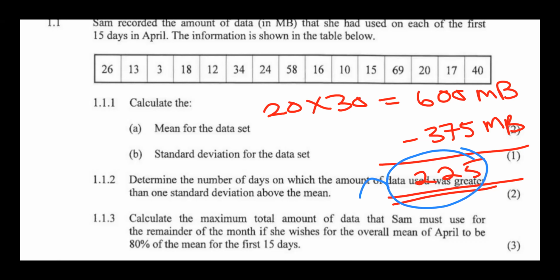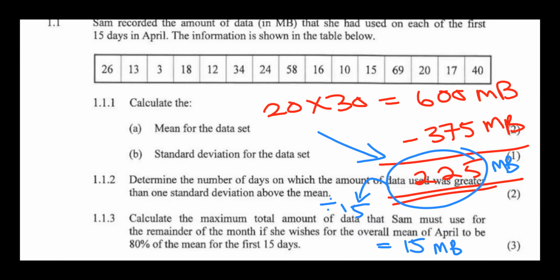This is the remainder that she can now spend. So you can divide that by 15. If you divide that by 15, I think the answer will also be 15, because 225 divided by 15 is also 15. So her maximum mean will be 15 megabytes per day for the remaining 15 days. Okay, but I don't think they asked us for this mean. They asked us for the maximum total. So it's this 225.